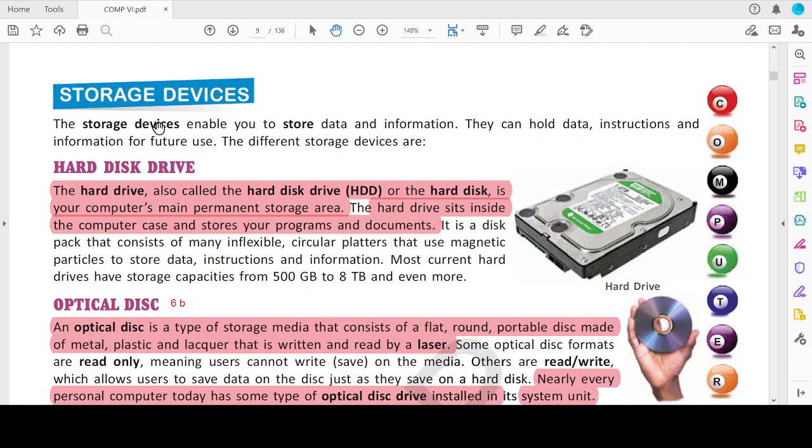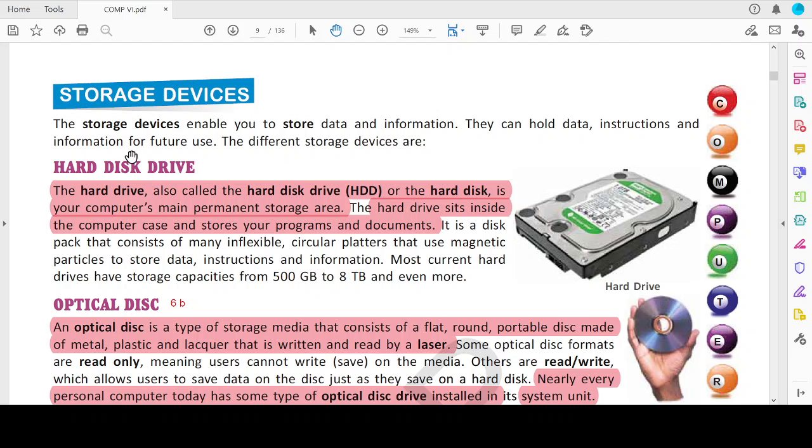The storage devices enable us to store data and information. They can hold data, instructions, and information for future use. So why do we store data? We store data and instructions for future use, because we assume that we may require them later. And where do we store them?